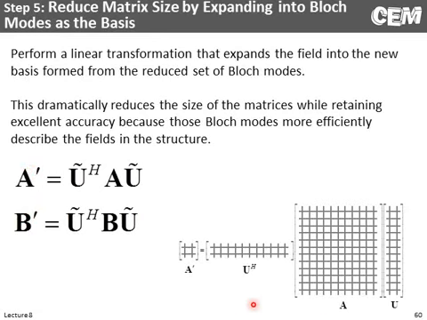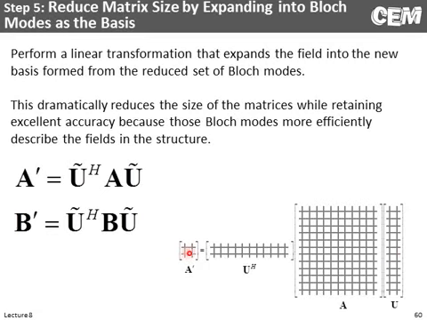Here's how I visualize it in my head. We have this big, ugly square matrix A. We have U, which is tall and thin. It has multiple columns because we've retained a certain number of modes, but it's very tall. Now, when I multiply this big square matrix by this very tall matrix with some width, I get a matrix that is still the size of just U. So now I have a U transpose, in fact a Hermitian transpose, so it's sort of a row matrix multiplying this column-ish matrix.